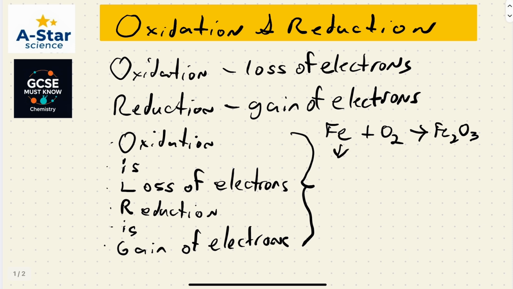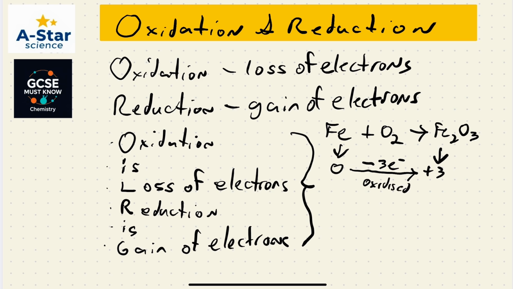Here, the iron is a neutral atom, and here the iron now becomes a +3 atom. So how do we go from neutral to +3? We must have lost 3 electrons. That means it's been oxidized.